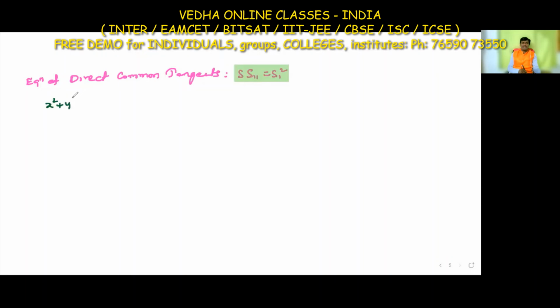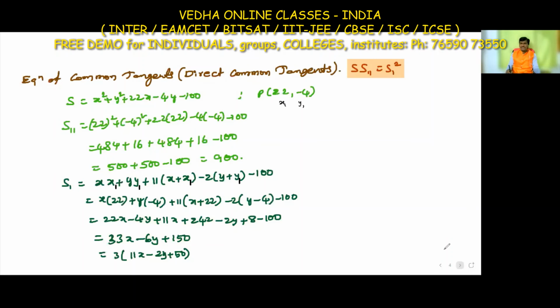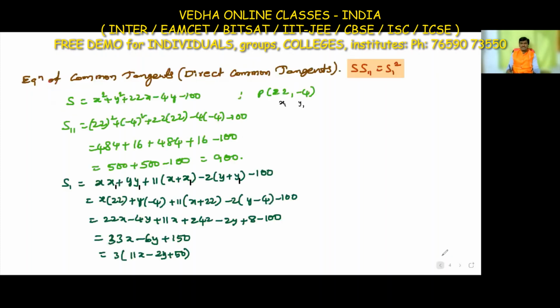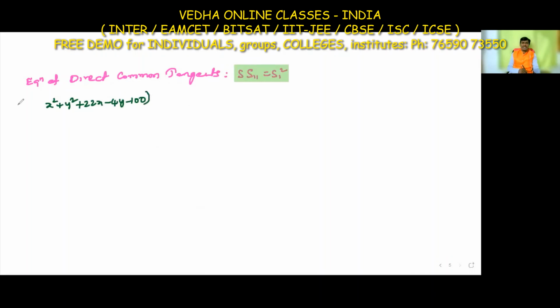X square plus y square minus 20... Here the first circle we took as x square plus y square plus 22x minus 4y minus 100, right? This is S, and S into S11. What is the S11 value? It is equal to 900. So S into 900 is equal to S1 square.